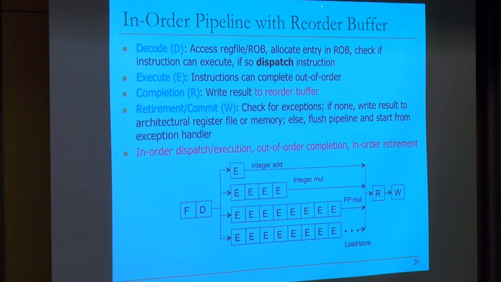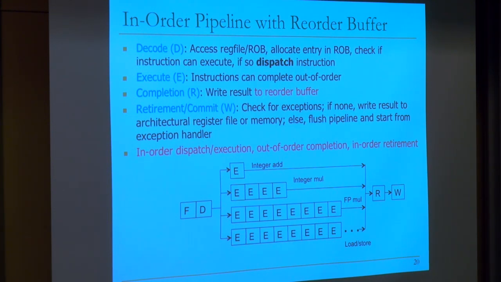So how does this work in the end? At decode stage, the instruction accesses the register file and the reorder buffer. And indirection is probably a good way of accessing it instead of doing it in parallel. We do it serially. Of course, this does lengthen the pipeline a little bit, right? If you don't get the value from the register file, you need to access the reorder buffer.